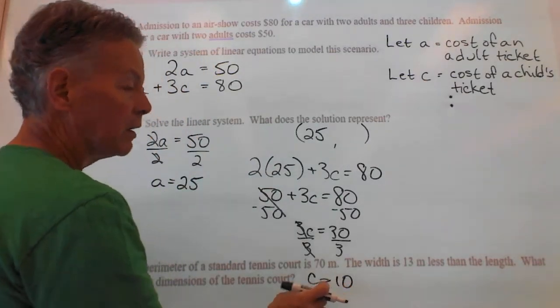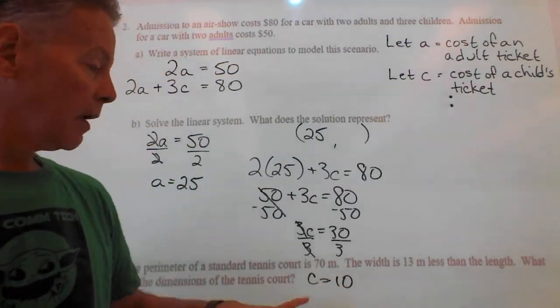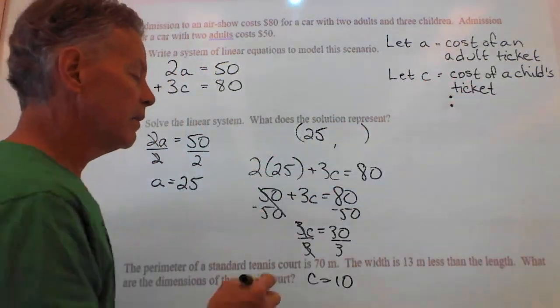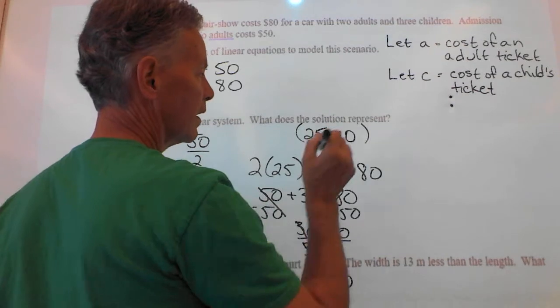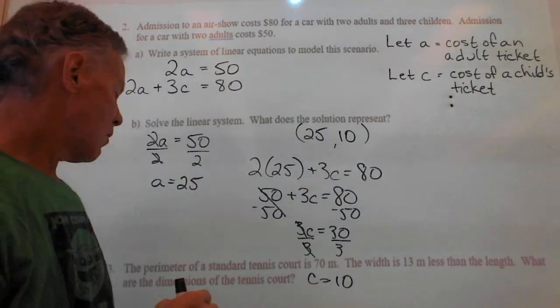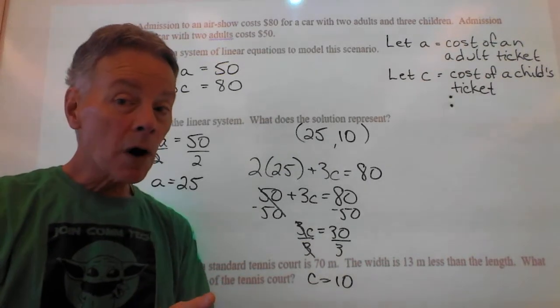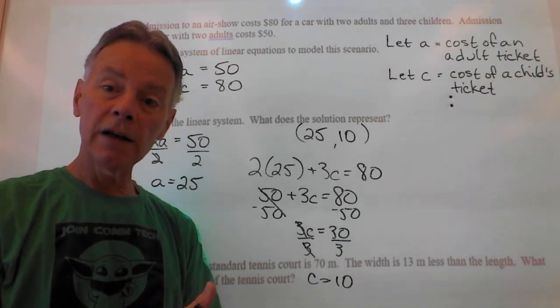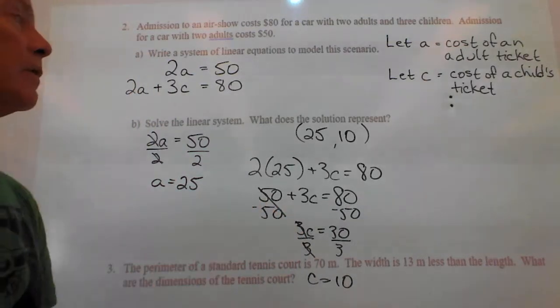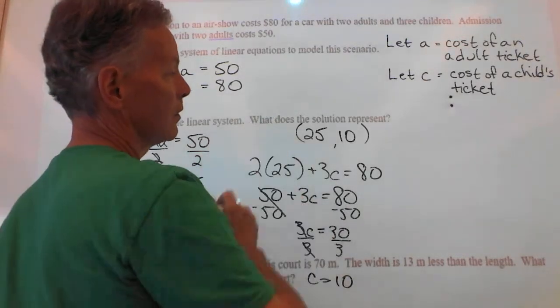So what does that mean? That means if our variable C is the cost of a child's ticket, then a child's ticket is $10. Okay? Now, since this is a word problem, we always have to end it with a short statement answering the question. Okay? What does the solution represent?